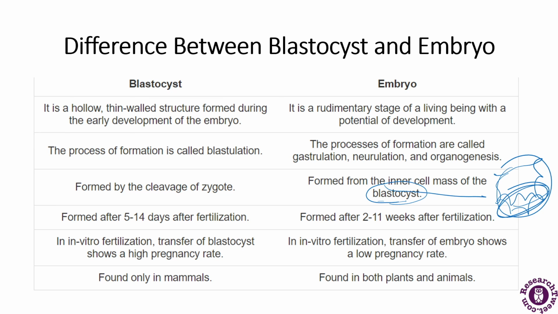The blastocyst is formed 5 to 14 days after fertilization, whereas the embryo takes about 2 to 11 weeks after fertilization. In in vitro fertilization, transfer of the blastocyst shows a high pregnancy rate, but in the case of the embryo it shows a low pregnancy rate. The blastocyst is only found in mammals, whereas the embryo can be found in both plants as well as animals.